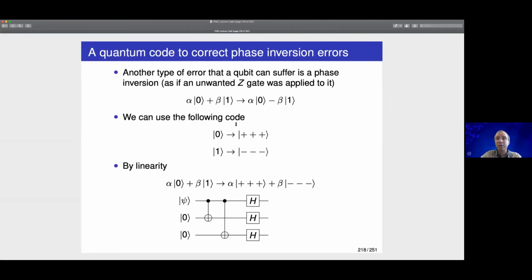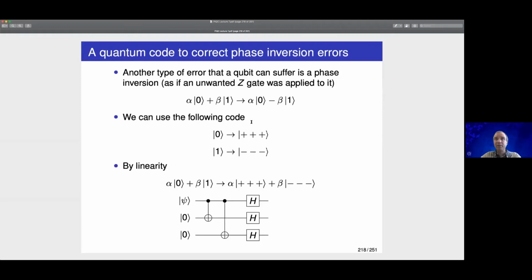Okay, how can we protect against this kind of error? Well, what we can do is to define a different code in which now the 0 is encoded as the tensor product of 3 plus states. Remember that the plus state is the superposition 1 over the square root of 2, 0 plus 1. And the 1 is encoded as the minus state, which is the superposition 1 over the square root of 2, 0 minus 1. Okay? So why do we use this encoding?